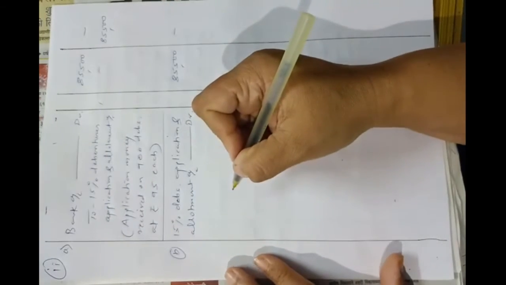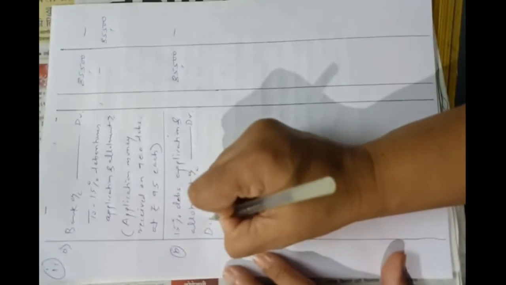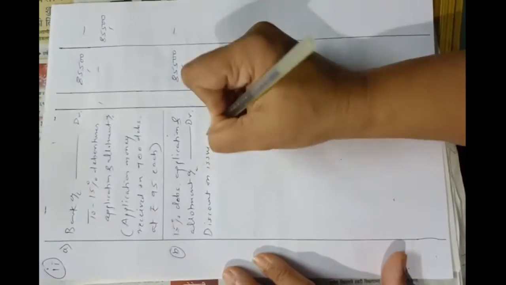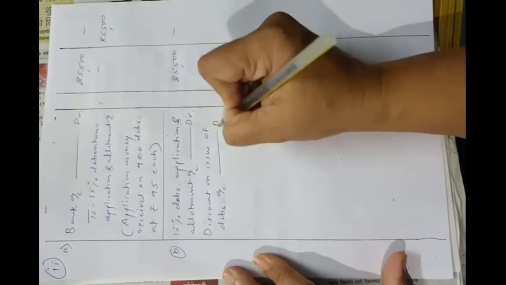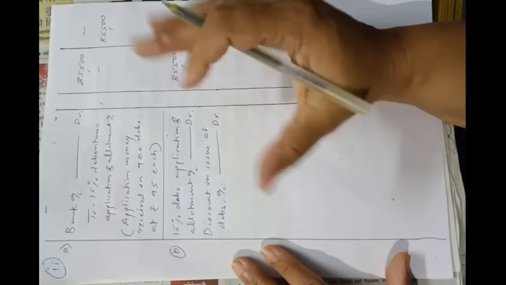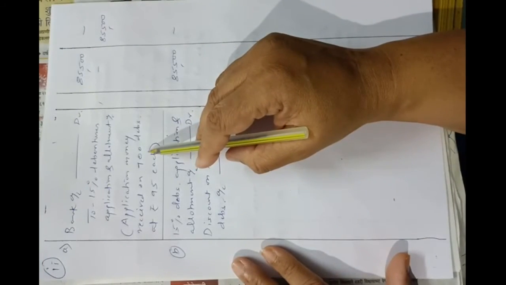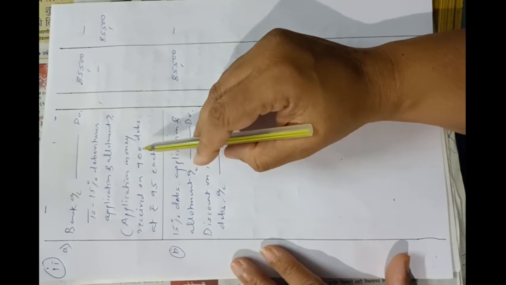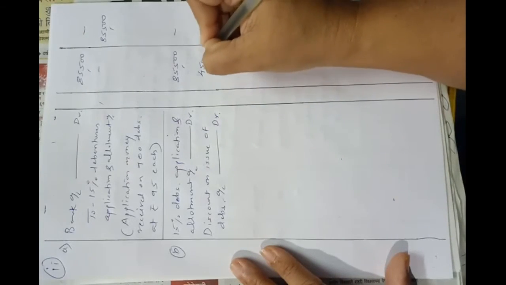Now discount on issue of debentures account debit. Discount given is rupees 5 per debenture and number of debentures are 900 debentures. So 900 debentures into rupees 5, that is rupees 4,500.